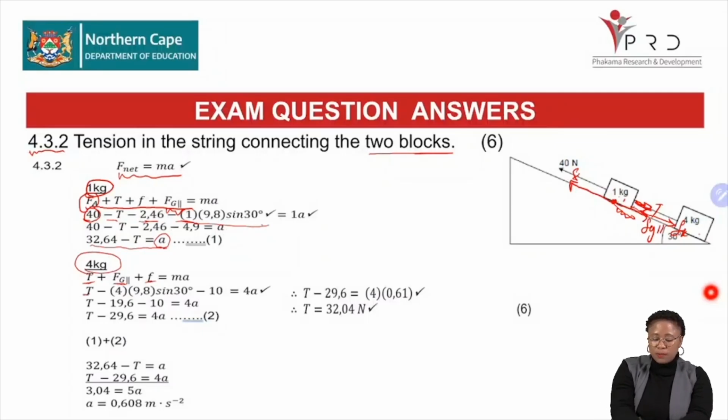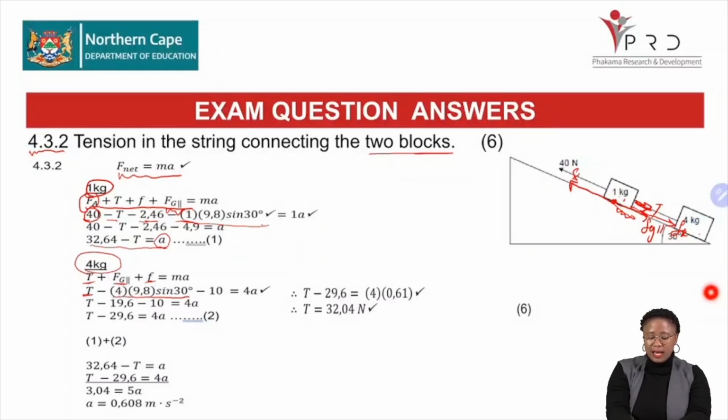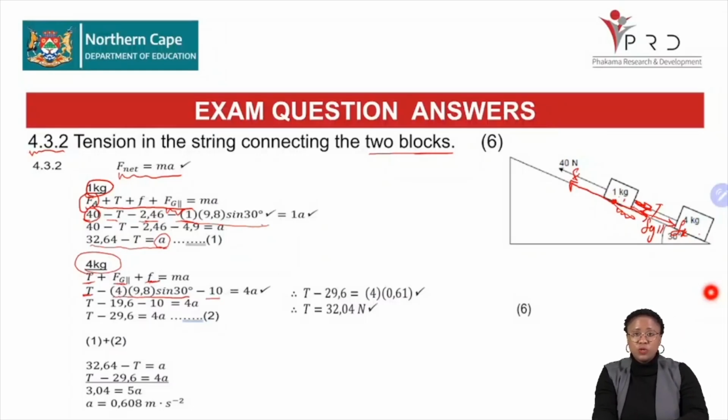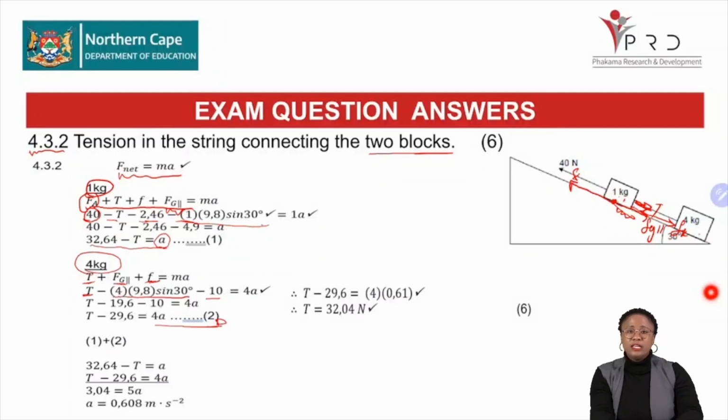Remember, tension will be positive because it goes up the incline, in the direction of the motion, and then your Fg parallel will be negative because it goes down the incline. Then we have the friction force, which is the 10 newtons that we were given over there. Then you equate again, and then you make equation 2.